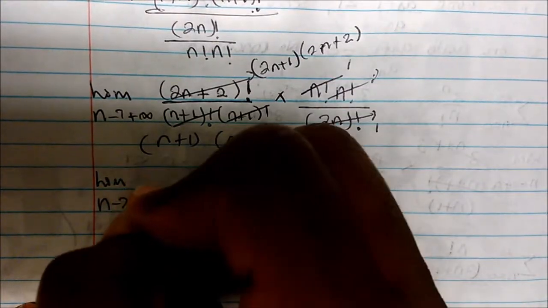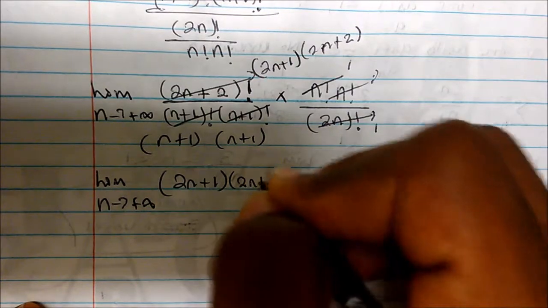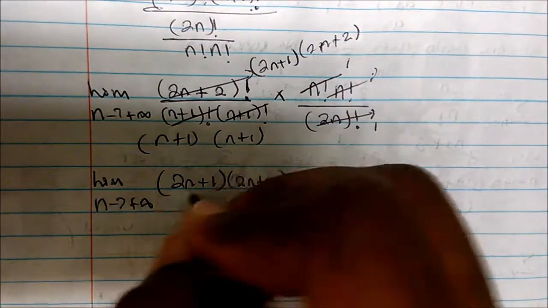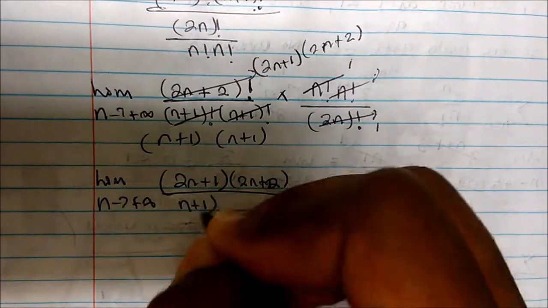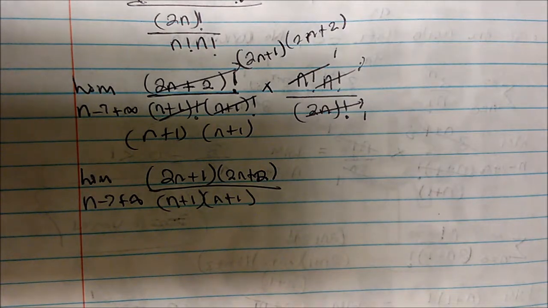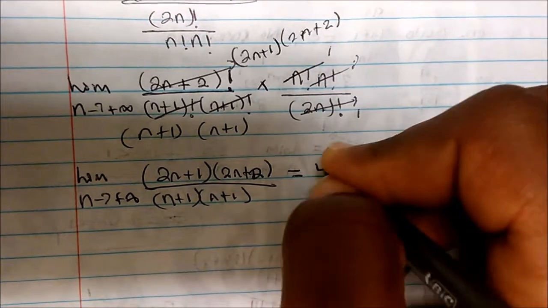And so when I look at this, this now becomes a limit as n goes to positive infinity of 2n plus 1 multiplied by 2n plus 2, and we're going to divide that by n plus 1 times n plus 1. Okay, now what is my limit here? My limit is actually 4.